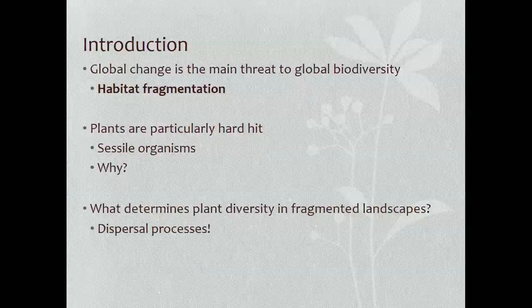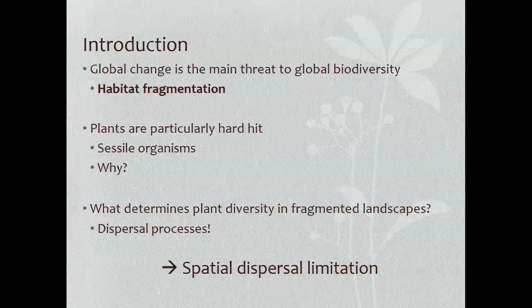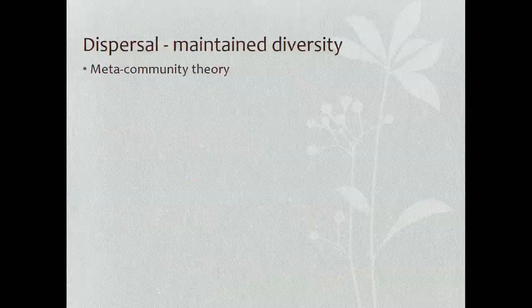What is very intensively studied is how dispersal limitation in space is a problem for plants, because, broadly speaking, plants are poor dispersers. But that is not what I'm going to talk about today. To make things absolutely clear, I'm going to talk about dispersal maintenance, the opposite.